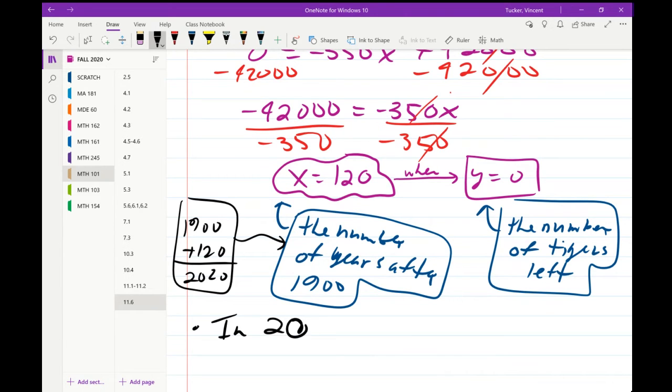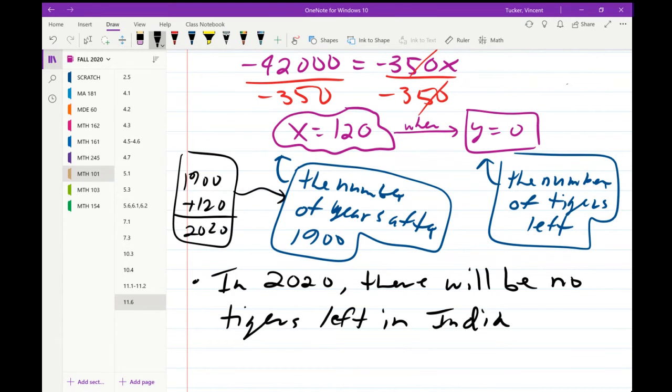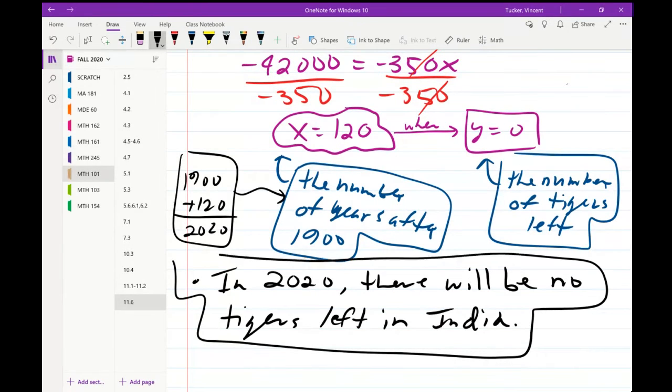So according to the equation, if everything continues, in 2020 there will be no tigers left in India.